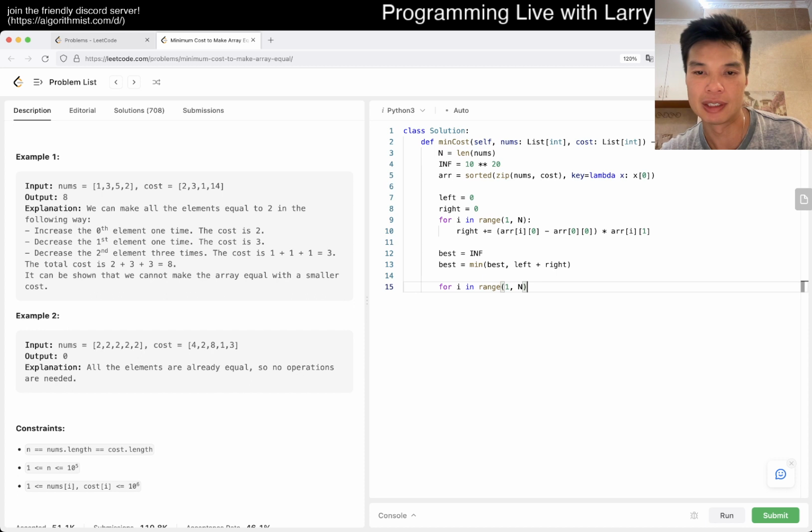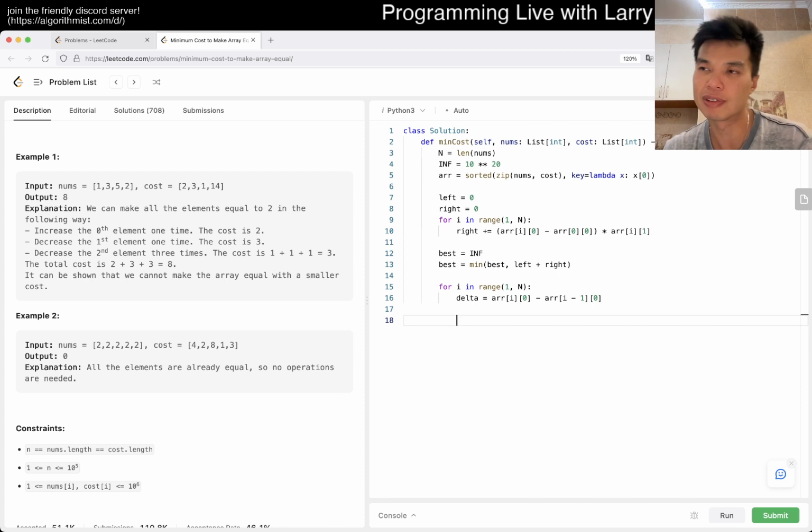So delta is equal to the x component minus the previous. And now on the left, how many numbers are on the left? On the left there are i minus 1 numbers that need to move by delta.